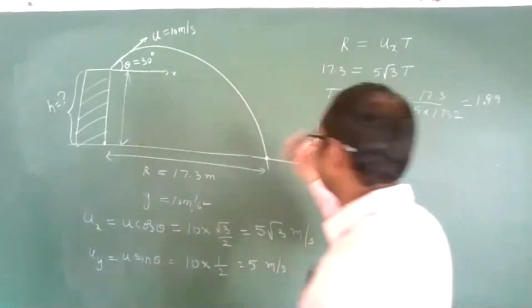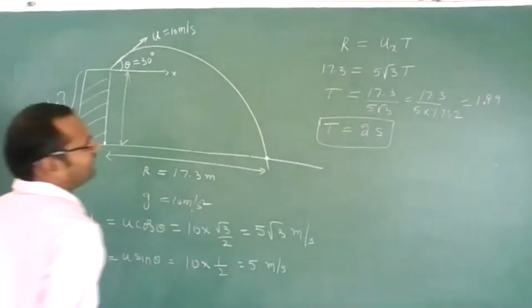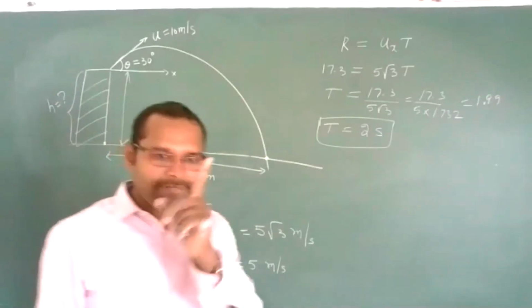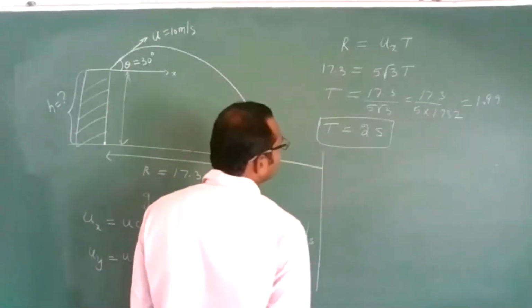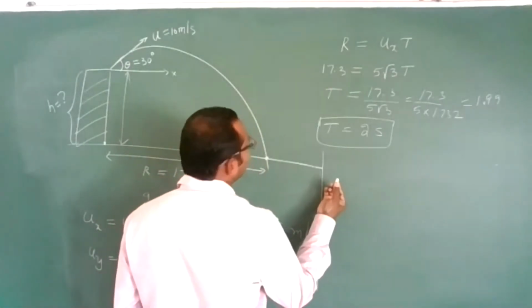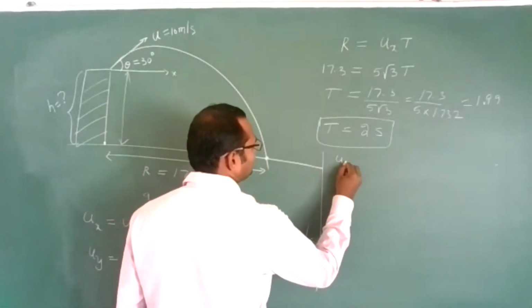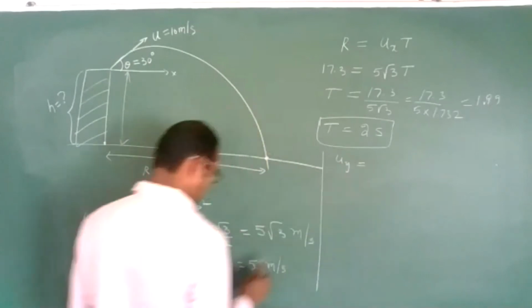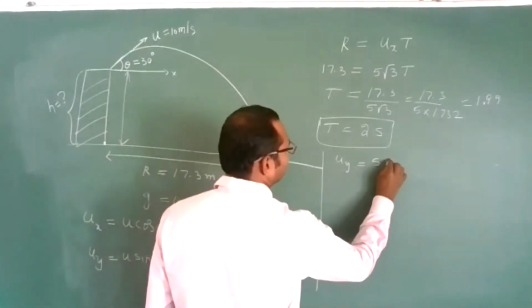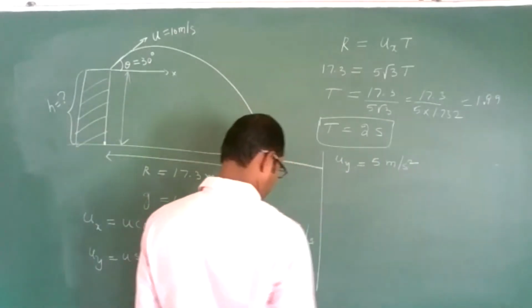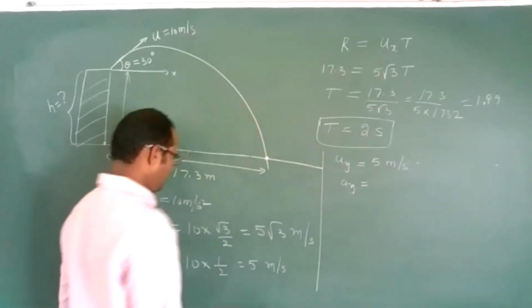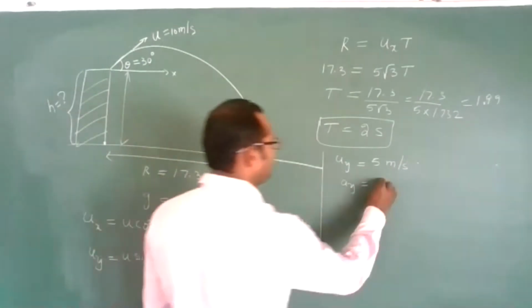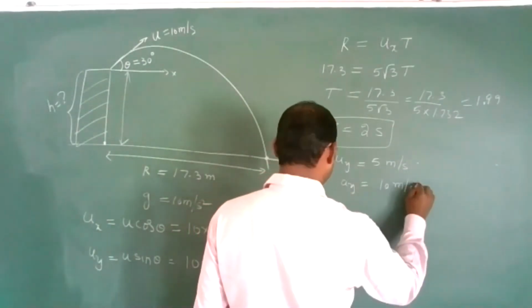Then what is the use of getting this time of flight? Now vertically the particle has a vertical velocity of 5 meter per second, and vertically it is having acceleration of 10 meter per second square given.